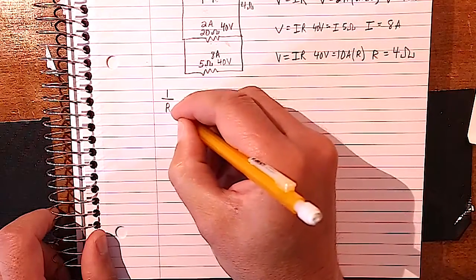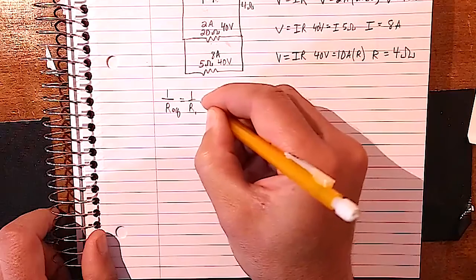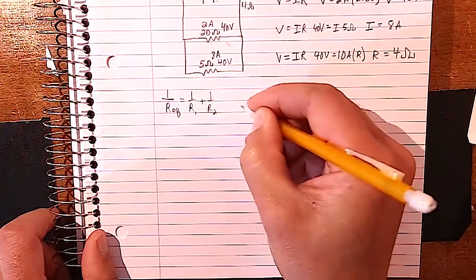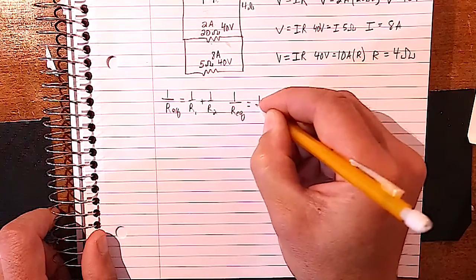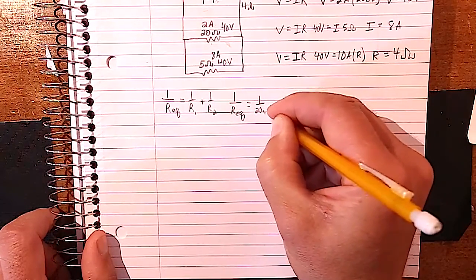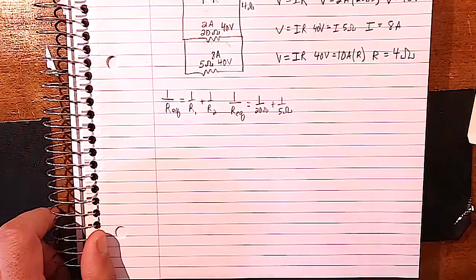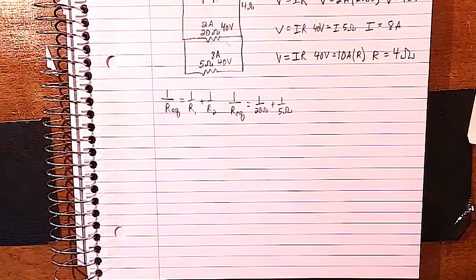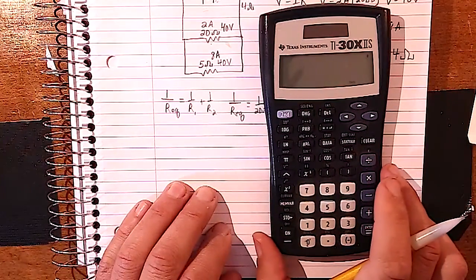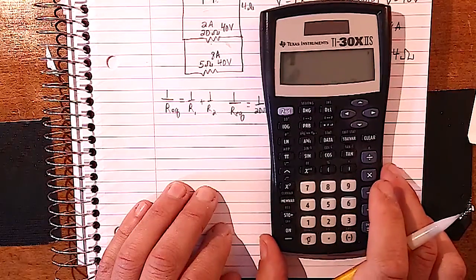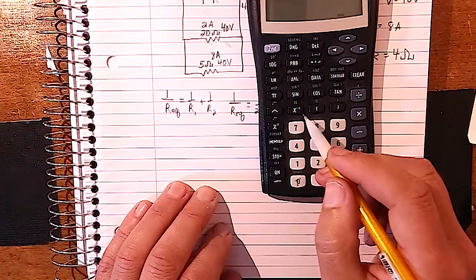1 over Req equals 1 over R1 plus 1 over R2. We only have 2 resistors. So that's going to be 1 over Req is equal to 1 over 20 ohms plus 1 over 5 ohms. Now, how do you do that on your calculator? The way that you do that is you're going to use the x to the minus 1 button, because that's the reciprocal. X to the minus 1 is the same as 1 over x.